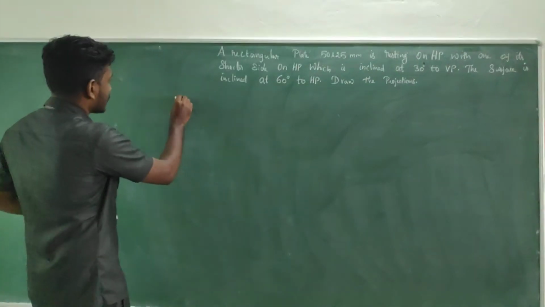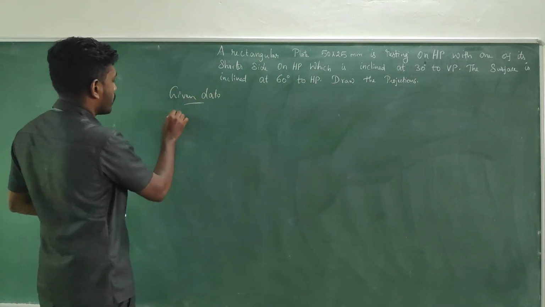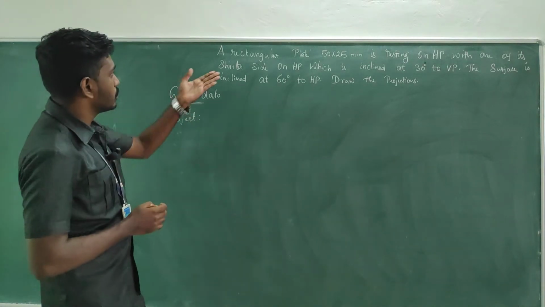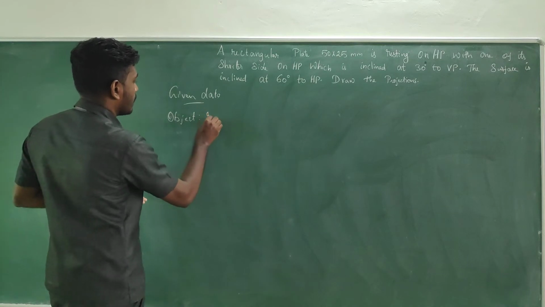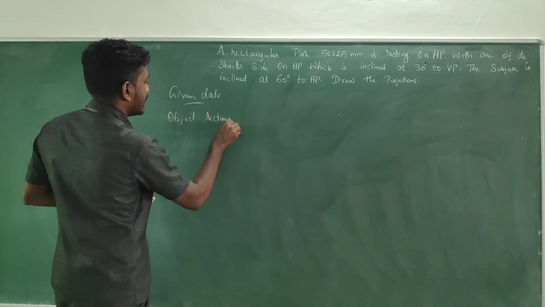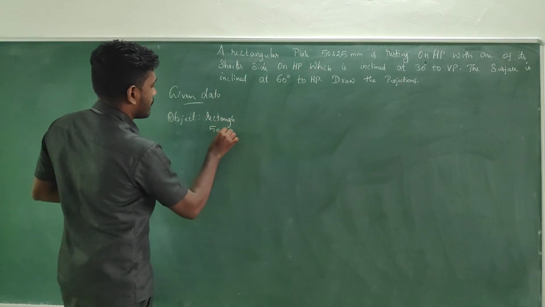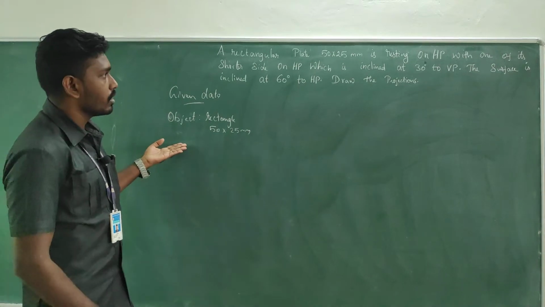Okay, so given data for this question: the object. What's the object? Rectangular plate, a rectangle is given. The dimension is 50 cross 25 mm, right?